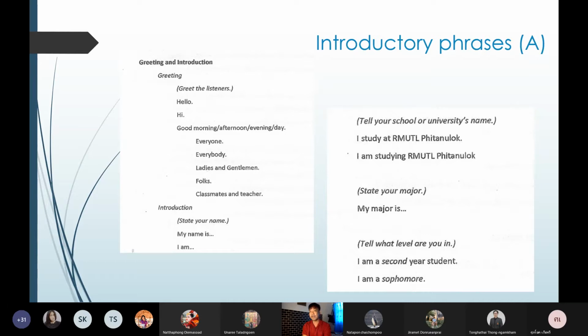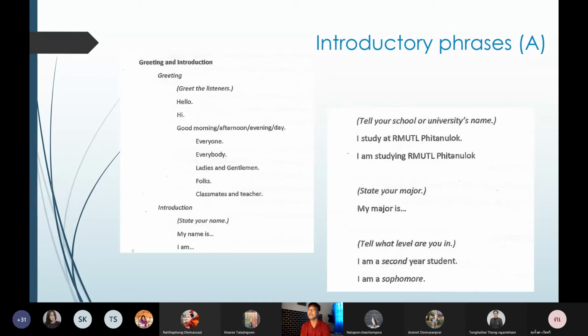My name is, for example, my name is Ruben Esteban. Again, my name is Ruben Esteban, or you could say I am Ruben Esteban. Then you could say I am a TESOL specialist at the Language Center of RMUTL Pitsanulok.